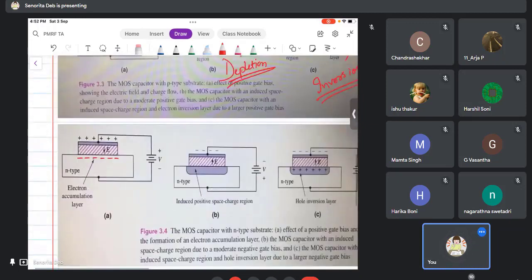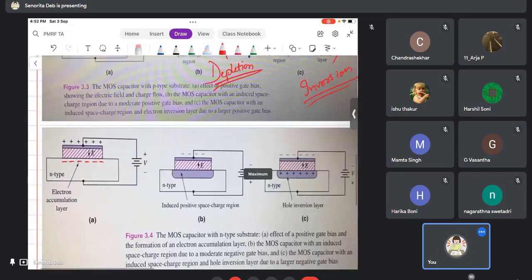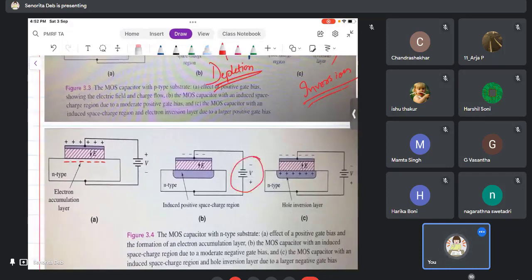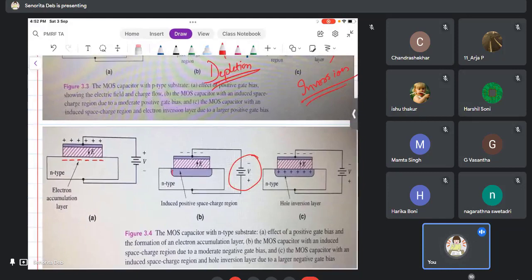Now the next will be what? You will start putting a negative voltage. When you put a negative gate to source voltage, or gate to substrate voltage, there will be a depletion region devoid of any mobile charge carriers.